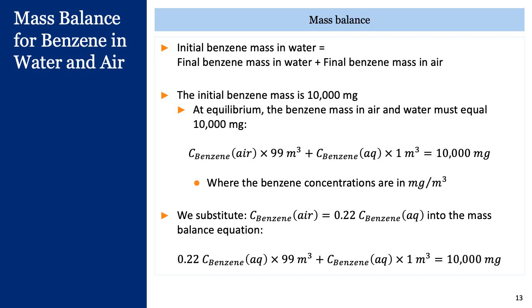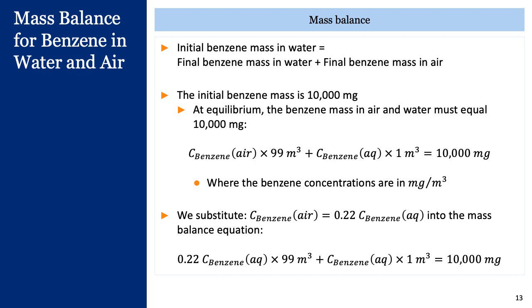Therefore the initial benzene mass in the liquid is 10,000 milligrams: 10 milligrams per liter times 1,000 liters. At equilibrium, the benzene mass in air and water must equal 10,000 milligrams.